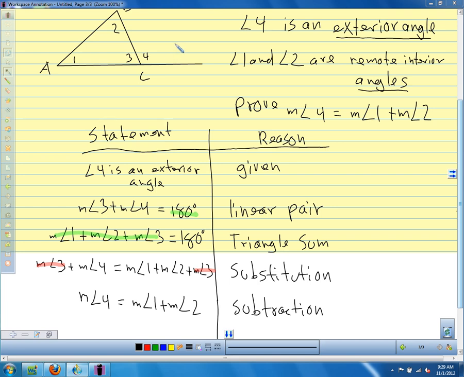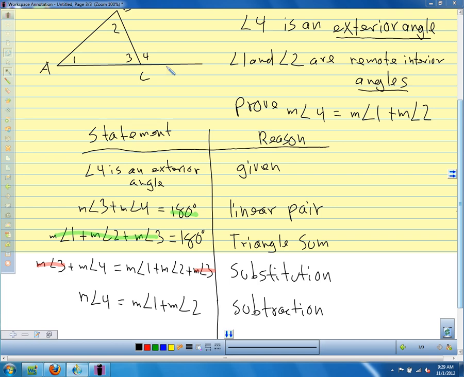So when you're doing a problem like this that has an exterior angle, all you have to remember is that these two add up to 180, and all three of these add up to 180. You don't even necessarily need to use the exterior angle theorem. You just use what you already know, that these are a linear pair, so they add up to 180, and all three of these add up to 180. And that will get you your answer if you're working with an exterior angle.